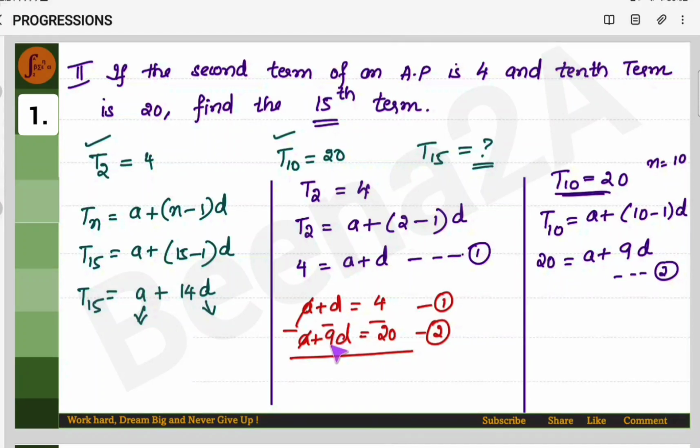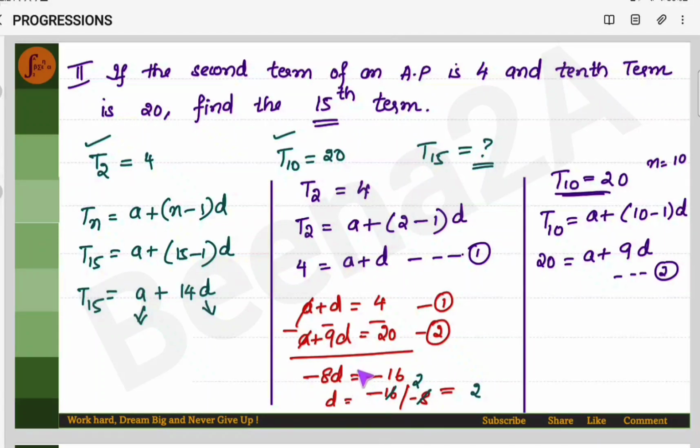How? D minus 9d is minus 8d. 4 minus 20 is minus 16. Therefore, d is equal to minus 16 by minus 8, which is 2. Minus and minus will get cancelled, I'll be left with 2. D is 2. So we've got d.